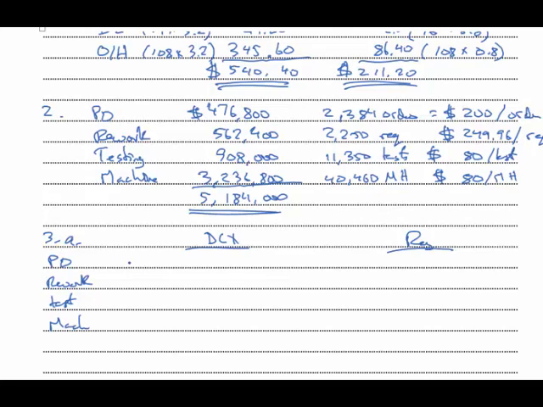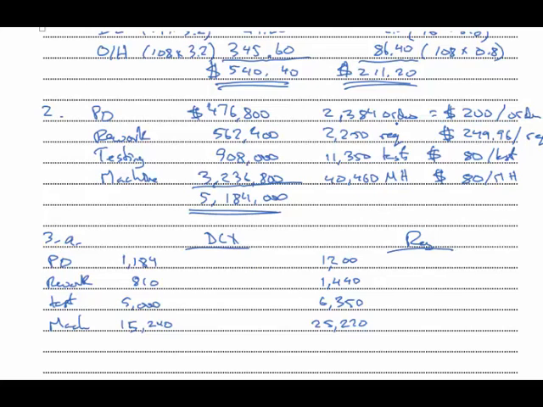So for the deluxe, we expect to have 1,184, 810, 5,000, and 15,240. And for the regular, 1,200, 1,440, 6,350, and 25,220. And of course, we're going to use each of these rates.